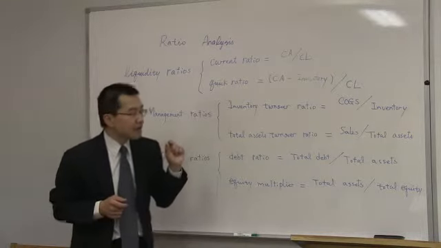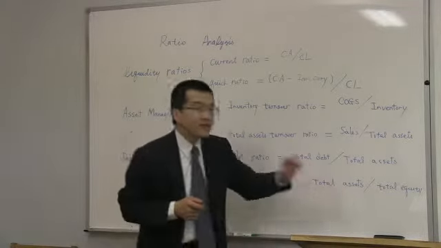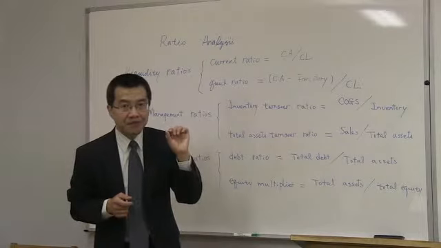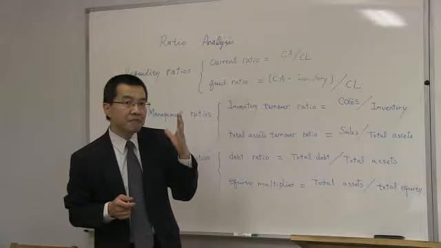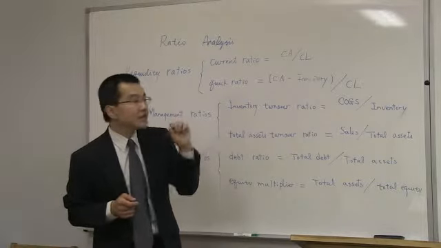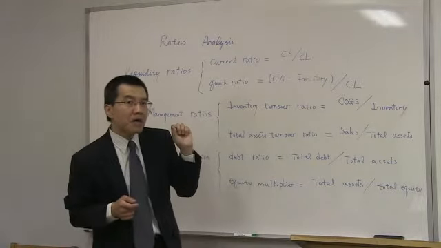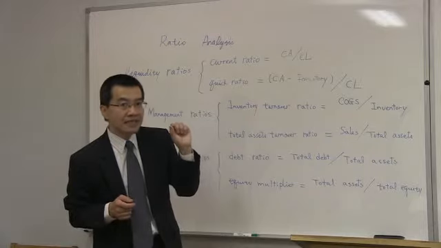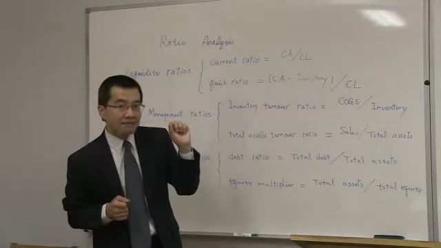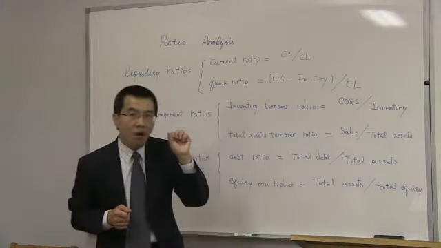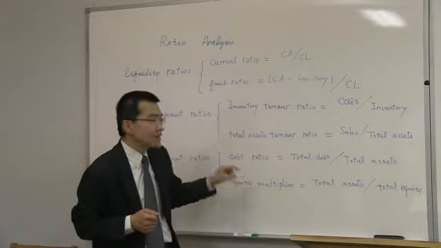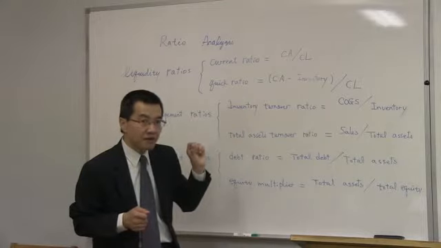The equity multiplier is the total assets divided by the total equity. We know total assets equal total equity plus liabilities, right? So if the company has a small amount of equity, that indicates they borrow a lot. So if the total equity is small, the equity multiplier will be bigger.